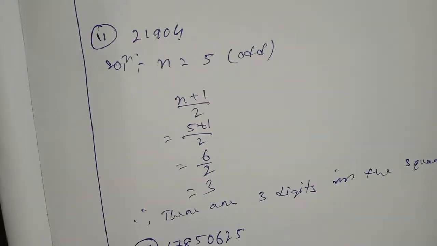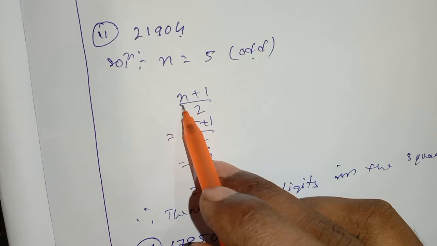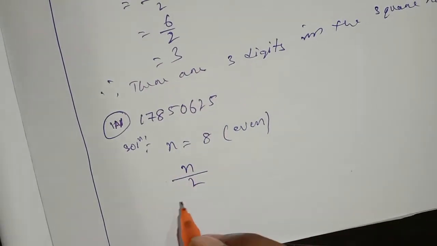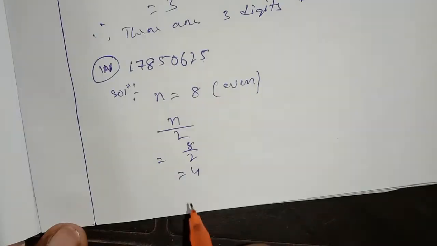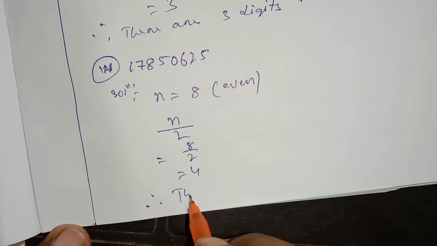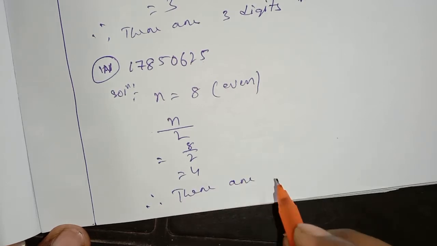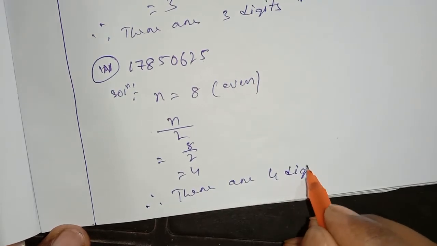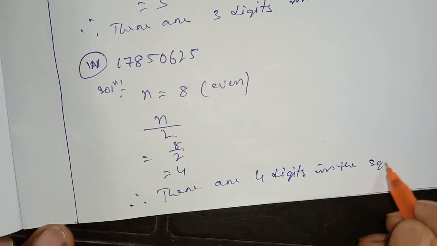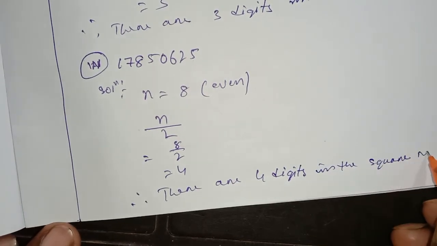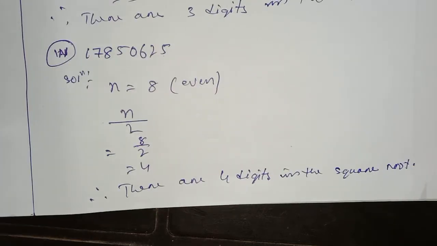When the number is odd, you have to take (n plus 1) by 2, but when even, you have to take only n by 2. So 8 by 2 equals 4. Therefore, there are 4 digits in the square root. Okay.